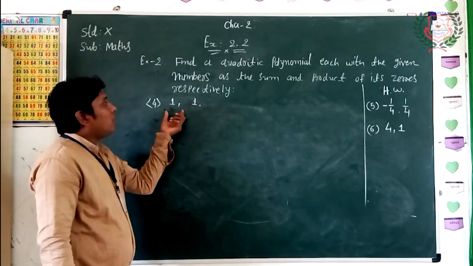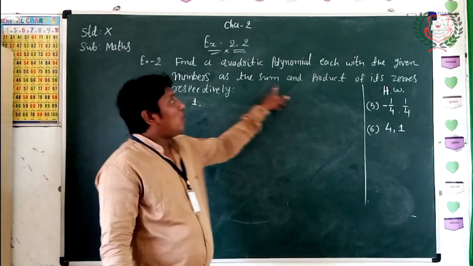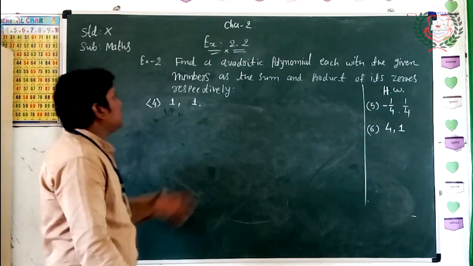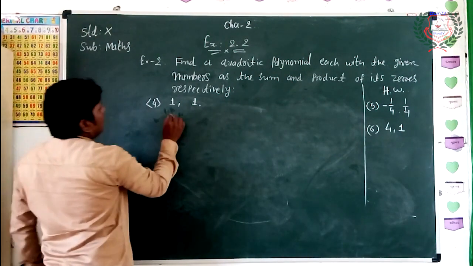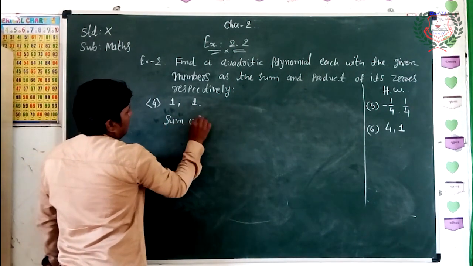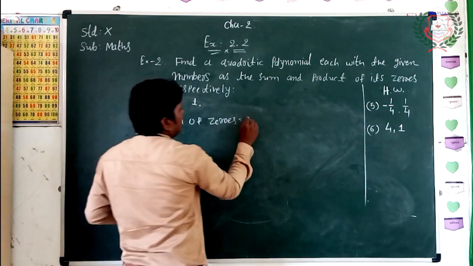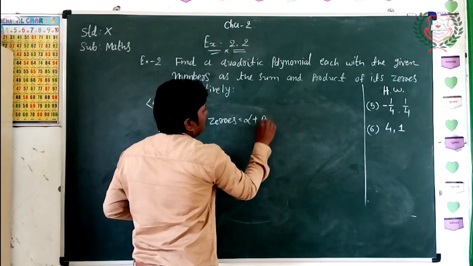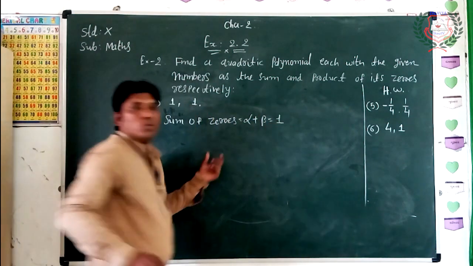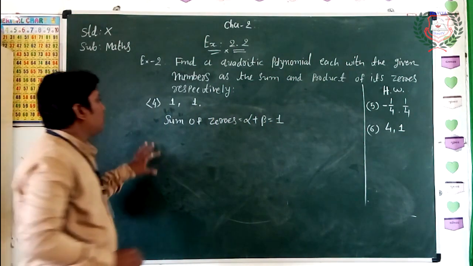Here the given values are 1 and 1. They are the sum of zeros and the product of zeros. The sum of zeros is given as 1, that means alpha plus beta is equal to 1.